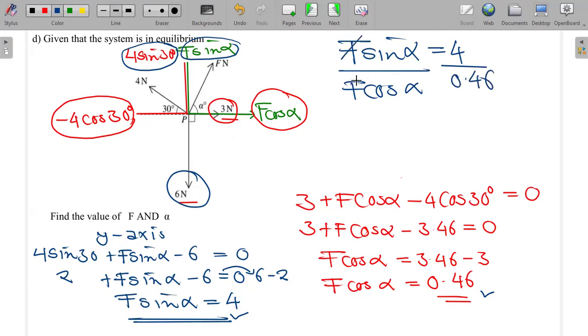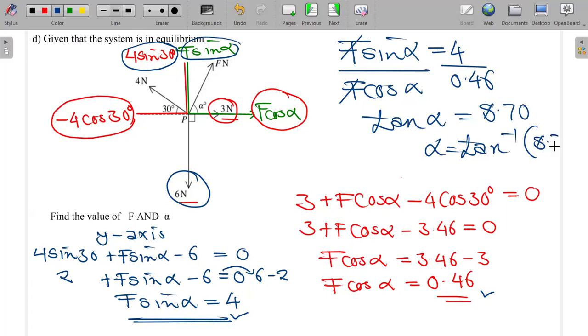Okay, so the F and F can cancel out, and sine alpha divided by cos alpha is going to give us tan alpha equal to 4 divided by 0.46, getting 8.70. Using this, we can now take the tan to the other side using arctan. Alpha will be equal to the tan inverse of 8.70. I just punch this into my calculator and get our alpha, which is the angle here.